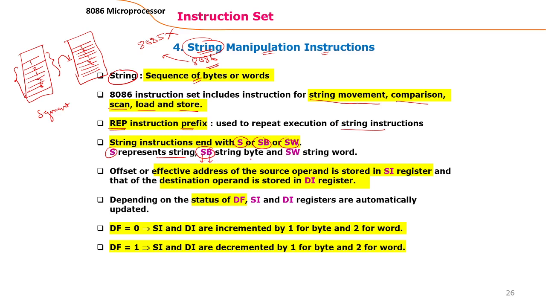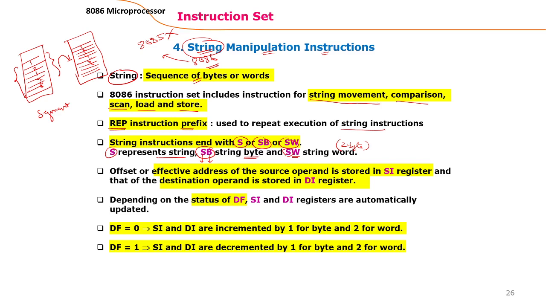If W is written, the string operation will be performed word by word. Word by word means there will be 2 bytes of data on which we perform the string operation at one time.